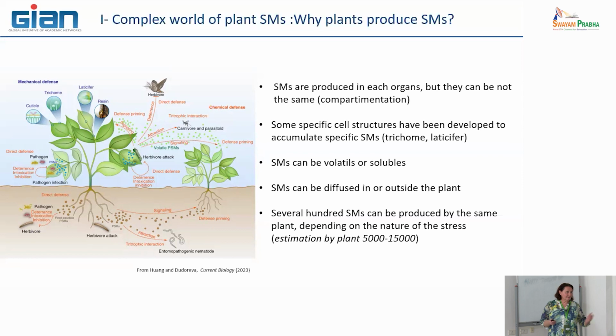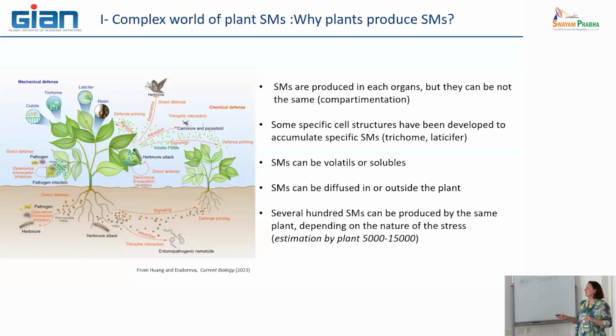We have seen that they can be soluble, which is easier to extract and analyze. Instead, when they are volatile, it's not exactly the same technique used to capture and analyze this type of molecule. And sometimes some are soluble, and just a little modification makes them volatile. So this is important to have in mind.